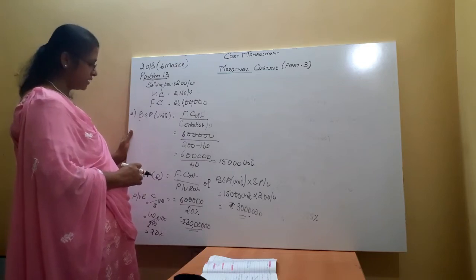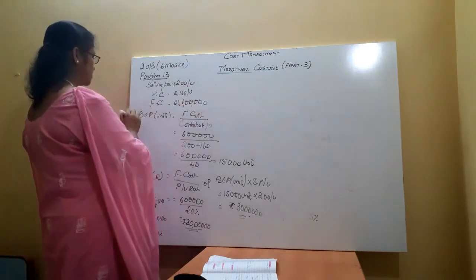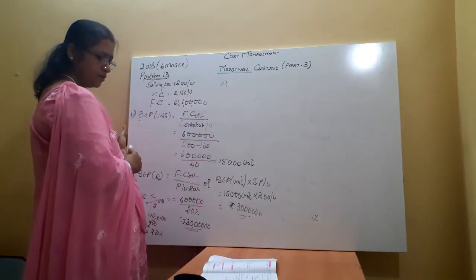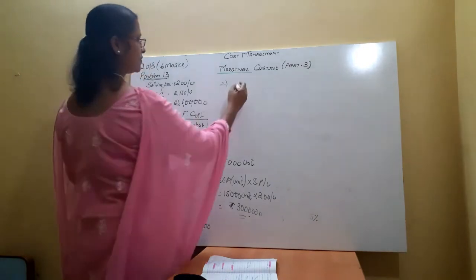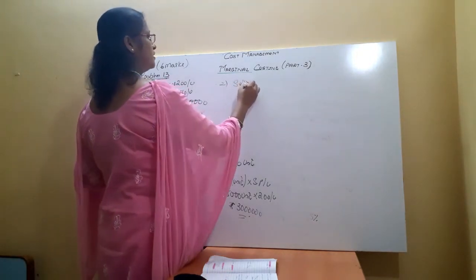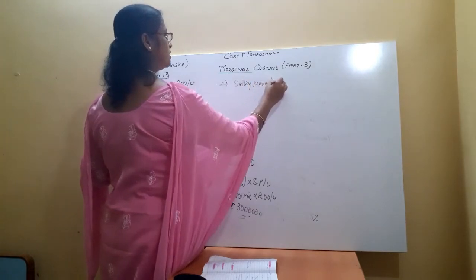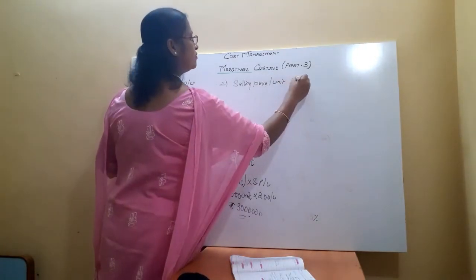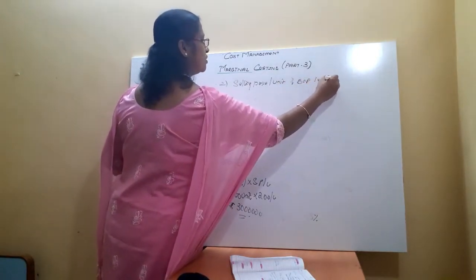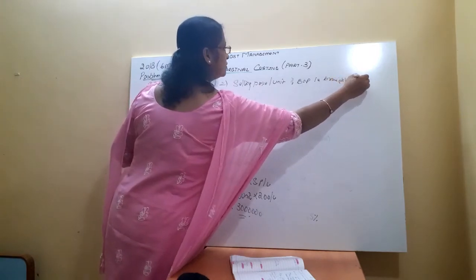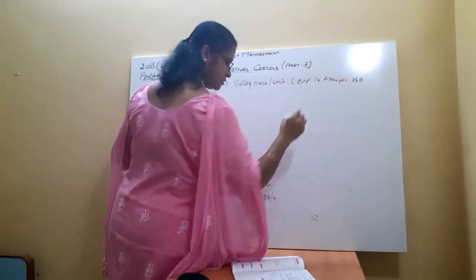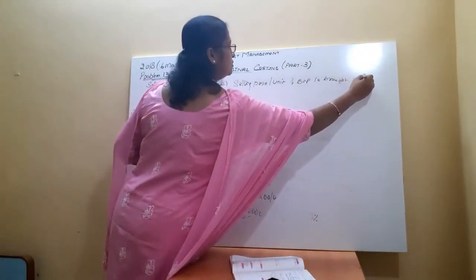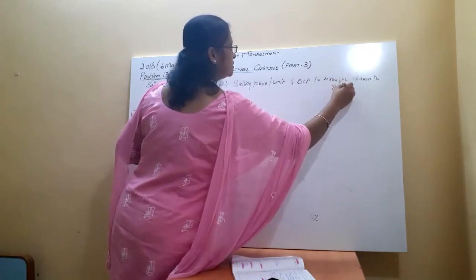The second question he has asked you here is to find the selling price per unit if the BEP is brought down to 8,000 units.